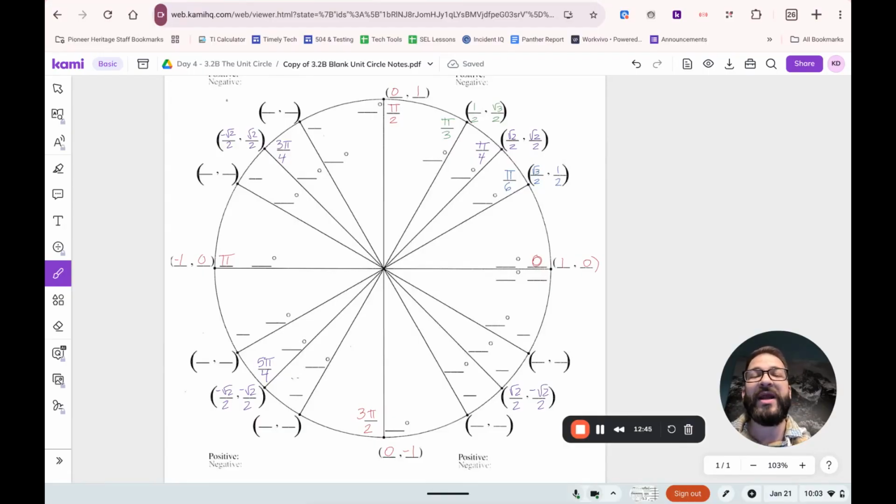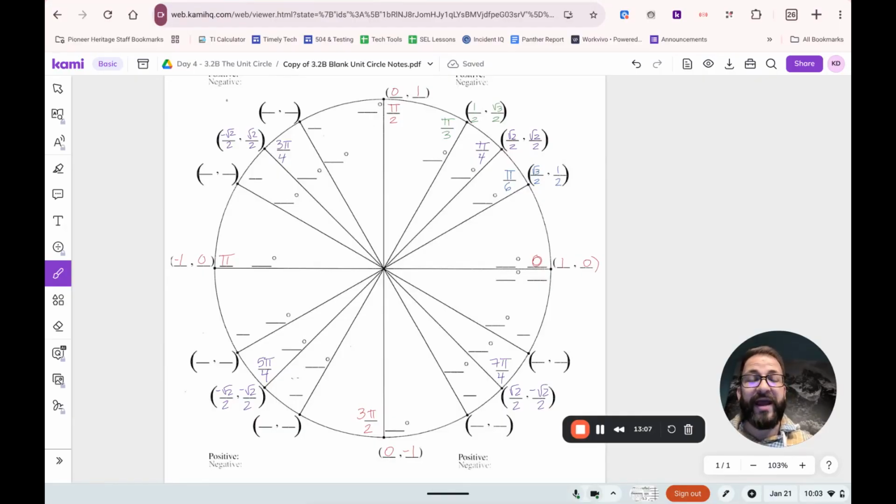And then, of course, for my radians, 1 pi over 4, 2 pi over 4, or pi over 2, 3 pi over 4, 4 pi over 4, or pi, 5 pi over 4, 6 pi over 4, or 3 pi over 2, which then makes this 7 pi over 4.